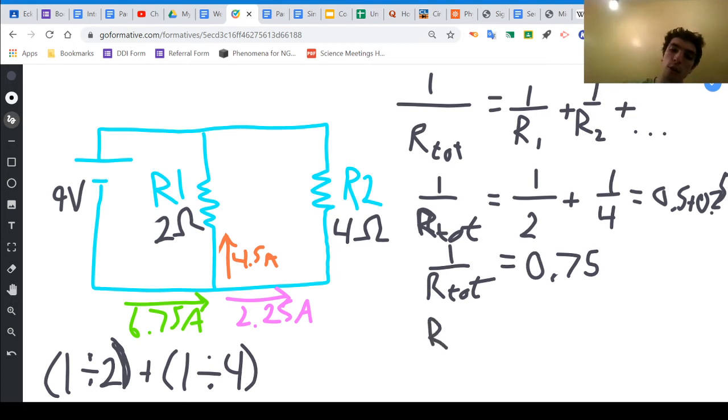So now our total resistance should be equal to 1 over 0.75. And we should get something like 1.33 repeating.